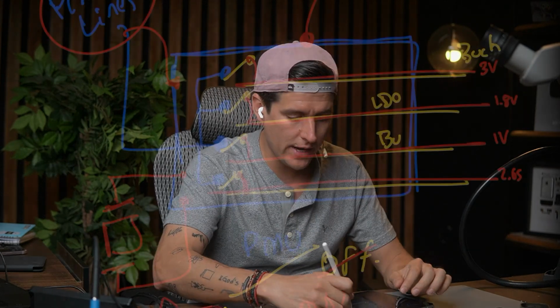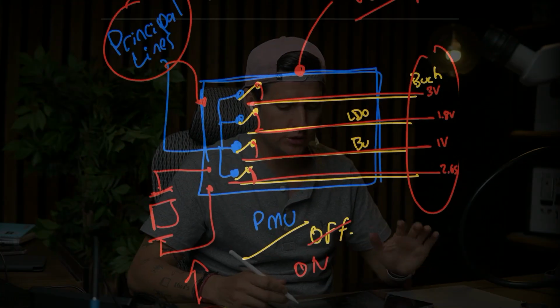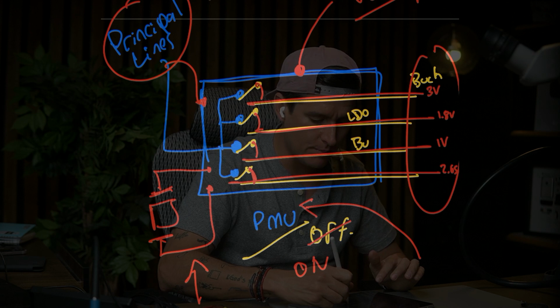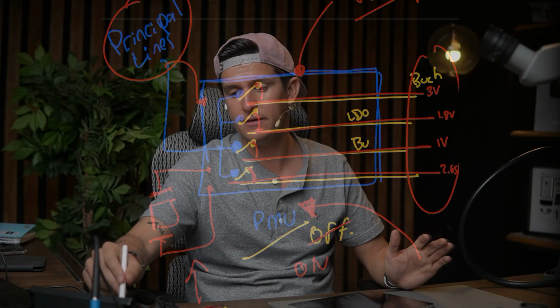For example, cameras, LCD, flex cables, or a lot of stuff. So you have to understand, if you have something bad right here, you are going to have something bad with the PMU, and sometimes the phone is just going to stop at the Apple logo. It's just going to show the Apple logo and restart, or maybe it just isn't going to do anything.